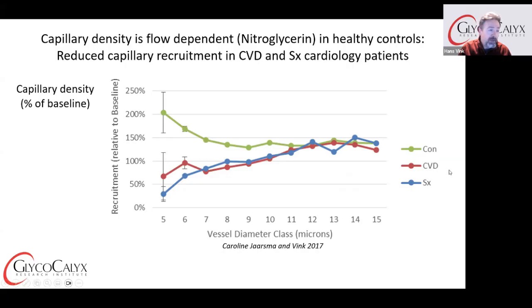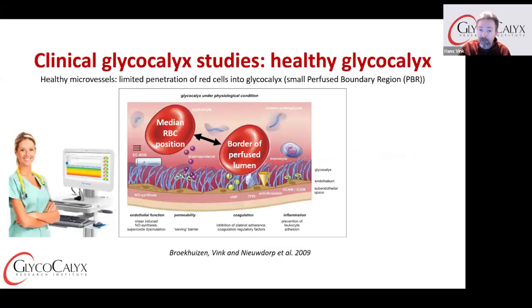But both the cardiology patients with large vessel disease, large vessel blockages, as well as what we call syndrome X, or angina patients without large vessel blockages and potentially microvascular disease, they don't have any reserve capacity. So although you spray nitroglycerin and blood flow goes up, there's no increase in the number of blood perfused capillaries in these patients.